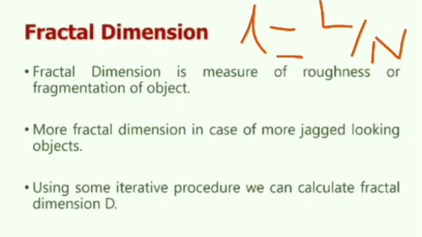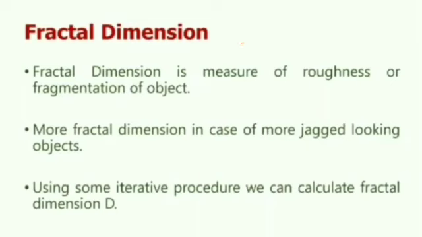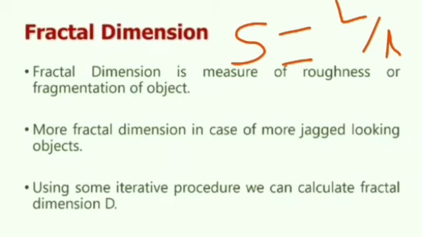The ratio of the length of the original line segment and the length of each part of the line segment is referred to as the scaling factor, and it is given as S is equal to capital L by small l. So this is the ratio of the length of the original line segment and the length of each part, and it is nothing but your scaling factor.